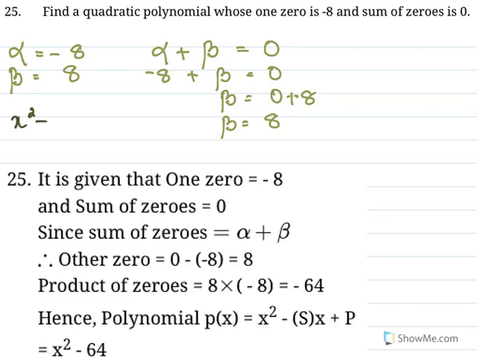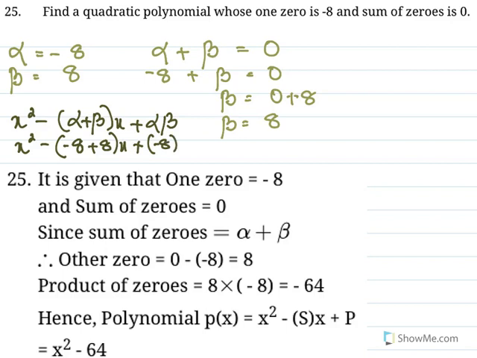It will be x square minus (alpha plus beta) x plus alpha beta. Alpha is minus 8, beta is 8. So x square, this is 0, minus 64. So your answer here is x square minus 64.